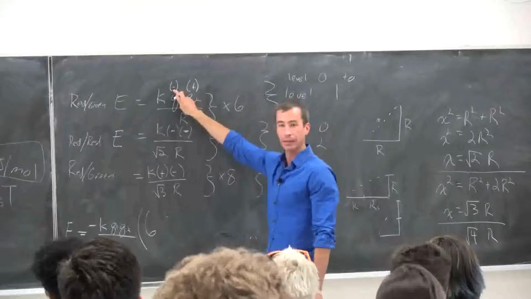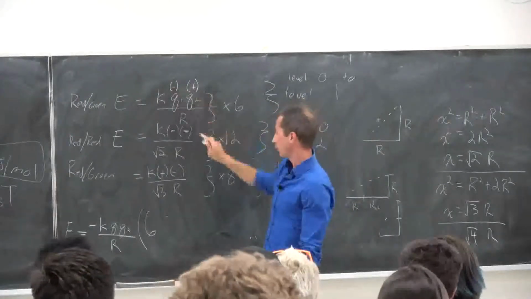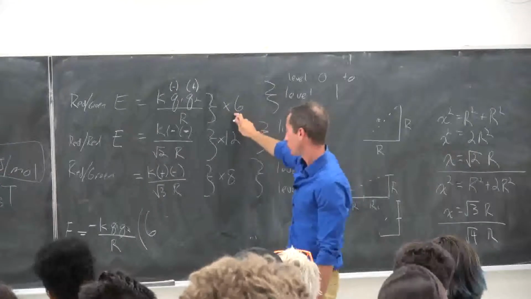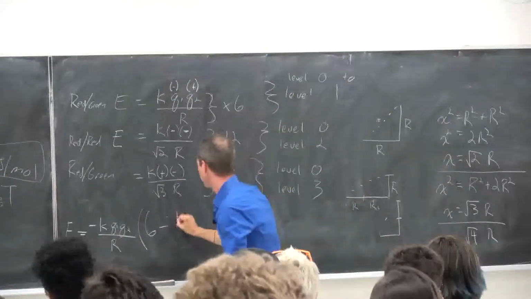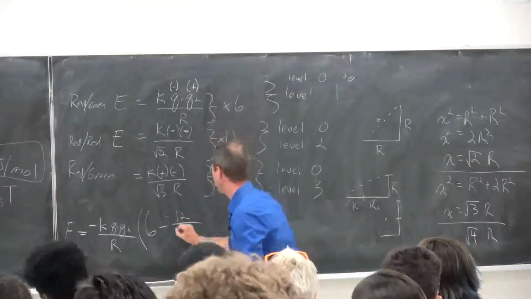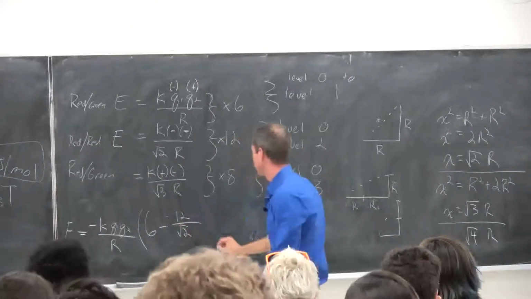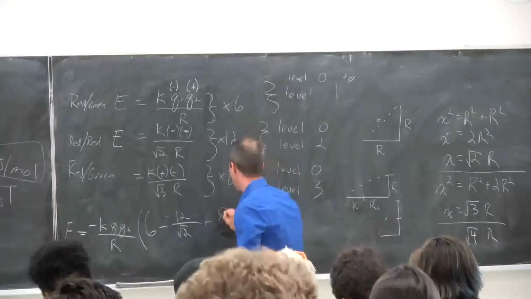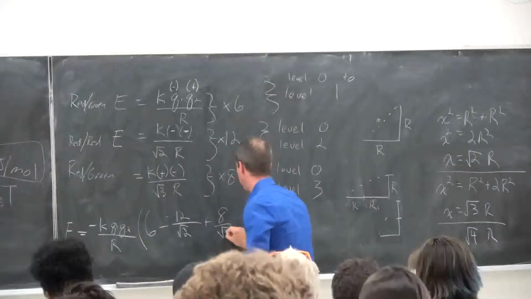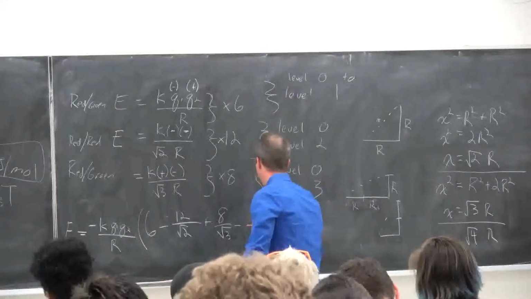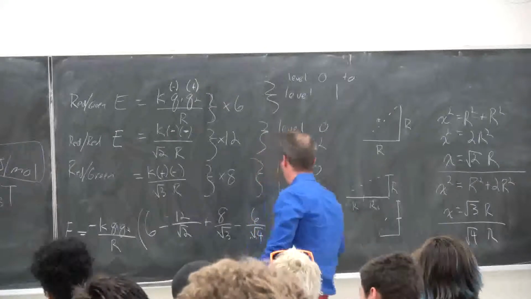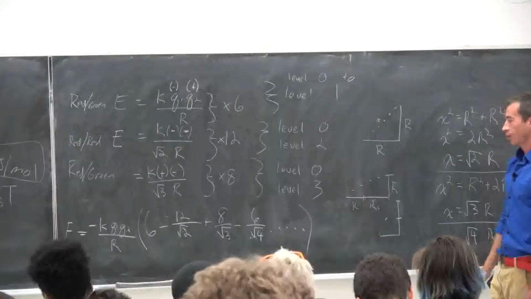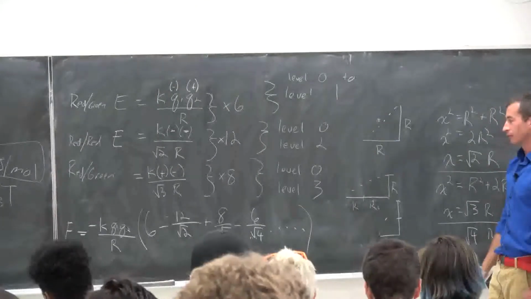We factored out that negative, right? So we're going to keep this as positive. But now this becomes negative. This next round becomes positive. This will go on and on and on.